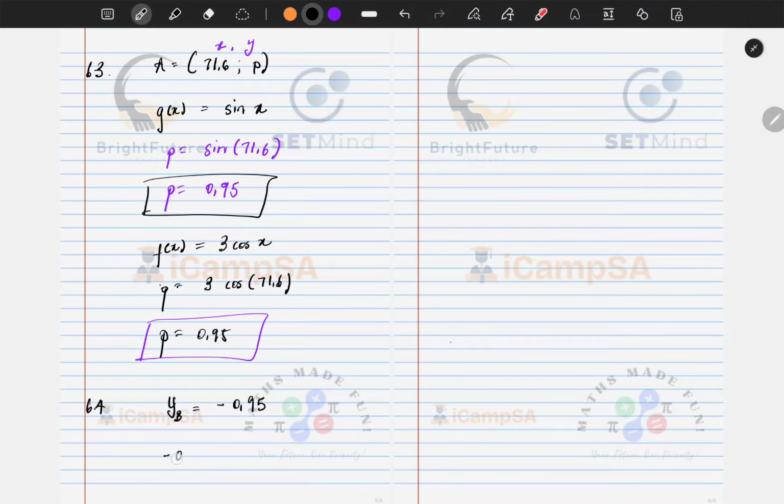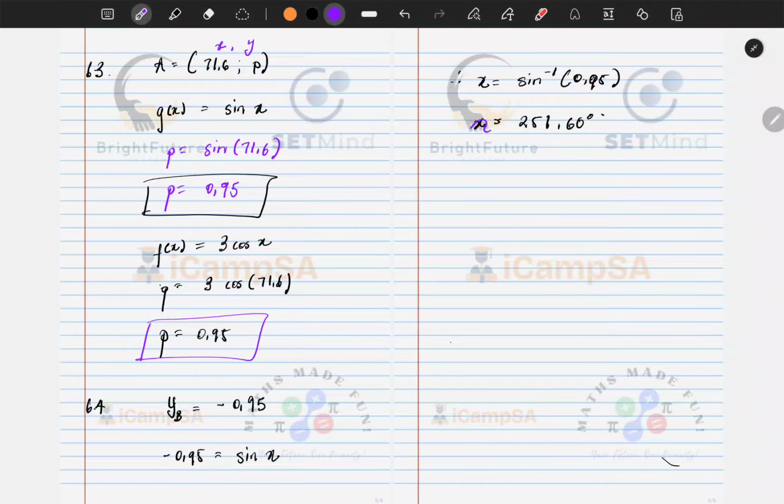And therefore, if you have this, you can simply find your x. So if you have 0.95, you are just going to say sine of x, right? And therefore your x is going to be your sine inverse of 0.95. And if you do your calculation properly here, you should be able to get 251.60 degrees, right?